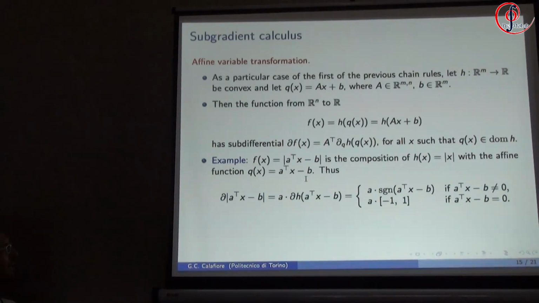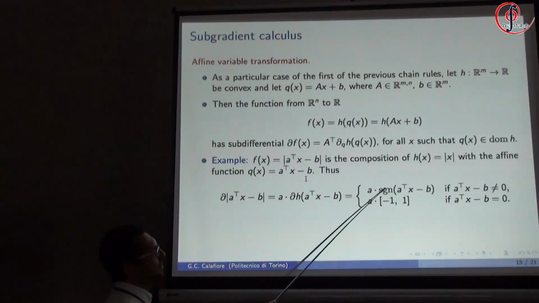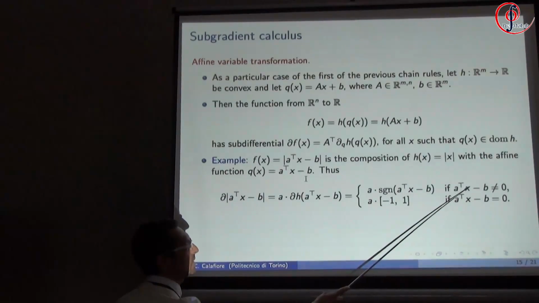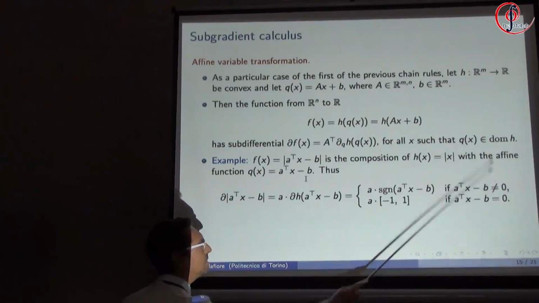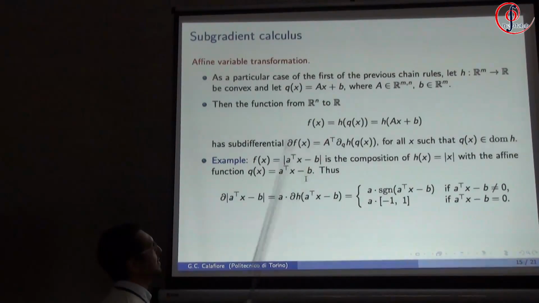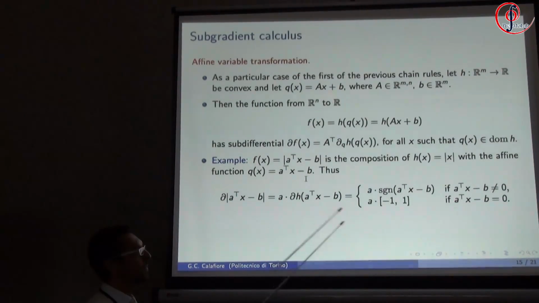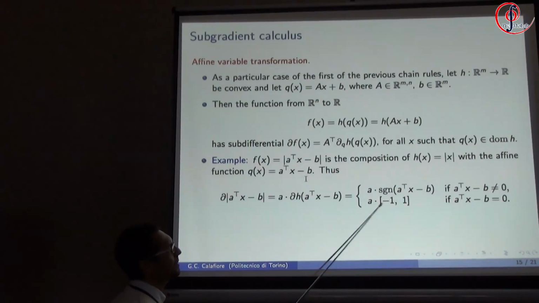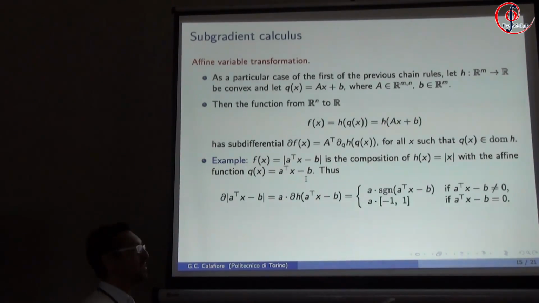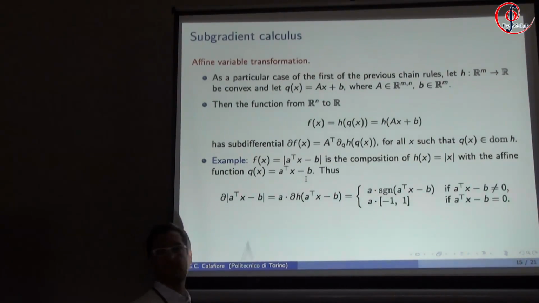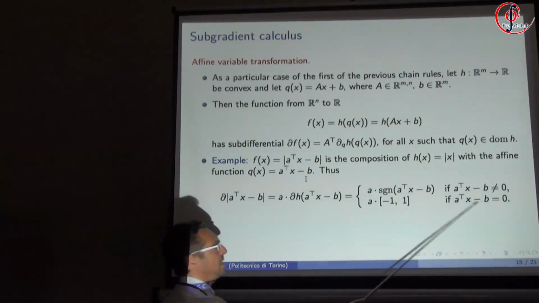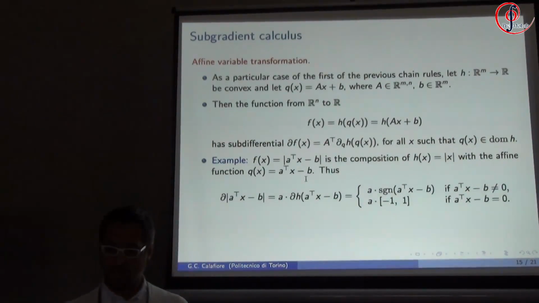By using that composition rule, we can find that the subdifferential of this function is just this vector A times the sign of the quantity here, if it is non-zero. So this is the case where this function is actually differentiable. And it is A multiplied, meaning every element of A is multiplied by a number which is in [minus 1, 1], in the case where the argument is 0.